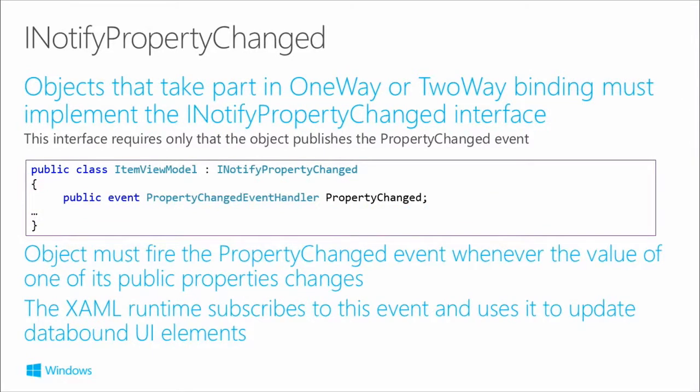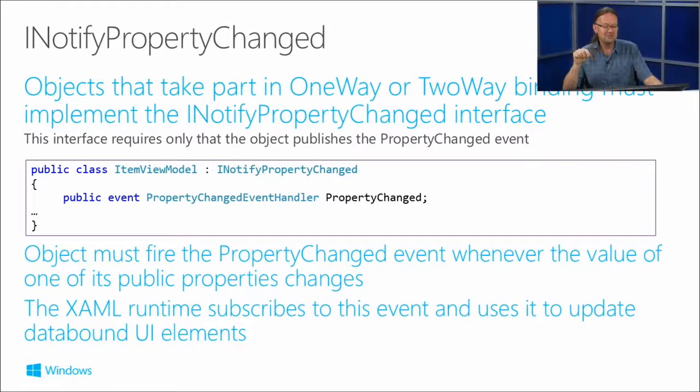How does a view get alerted that a property has been updated in your view model by some background logic, or by some logic you're running in a task, or you've gone off to get some data from the web and you've updated your view model? The way a view model does that is very simple. There's nothing magic about this. It's just firing an event whenever a property changes, and that event is called PropertyChanged.